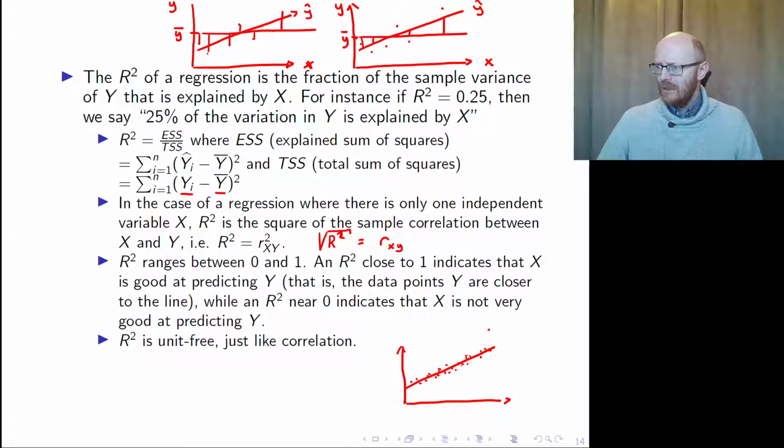An R squared close to 0 indicates that x does not contain much information in explaining the variation in y. One important point is that R squared is unit free. So it's not measured in kilos or liters or euros or whatever.